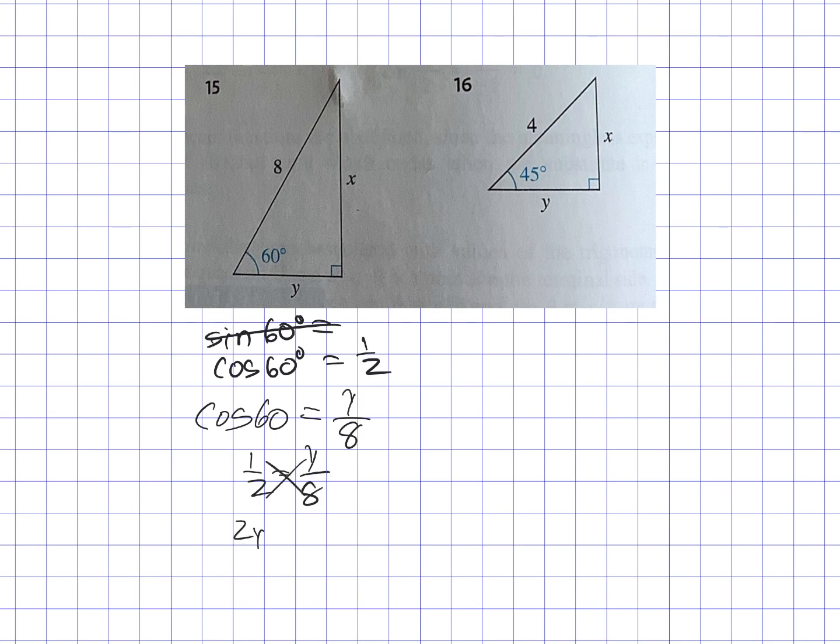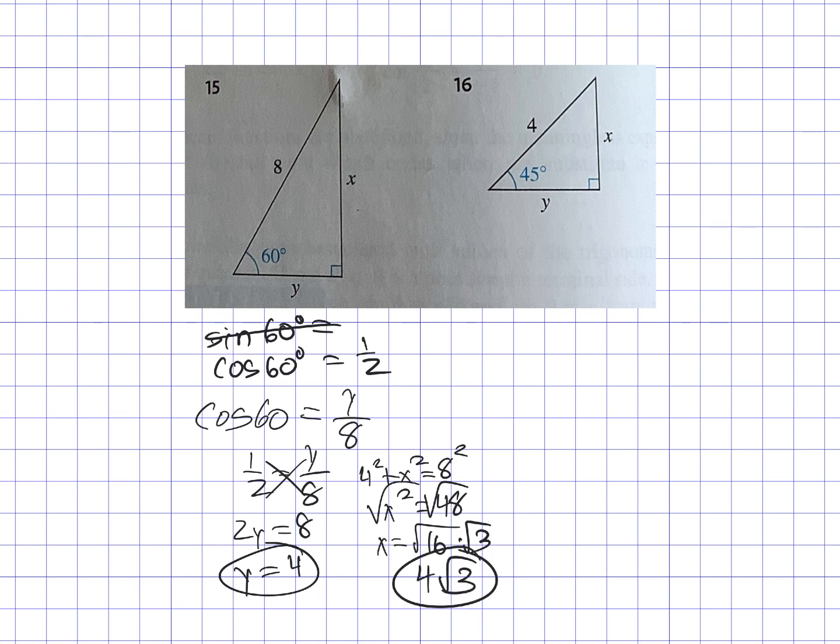Cross multiply, 2y equals 8, y equals 4. So we use the Pythagorean theorem again. 4 squared plus x squared equals 8 squared. X squared equals 64 minus 16, which is 48. Square root of 48 is the square root of 16 and 3. So that's 4 square root of 3.